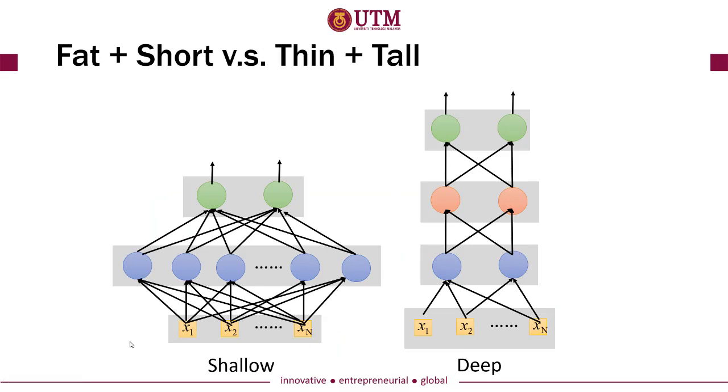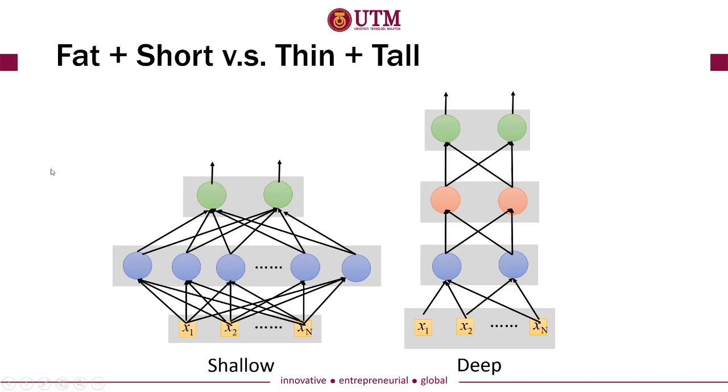Again, this is the difference between a shallow neural network and a deep neural network. As you can see, this is what we learned in the previous class. But actually both are MLP. It doesn't matter whether it is shallow or deep, it's still a multi-layer perceptron.